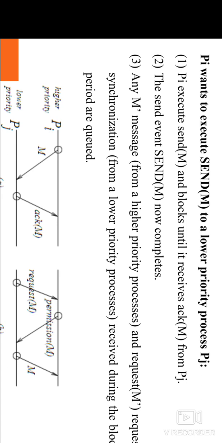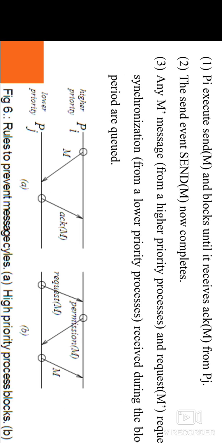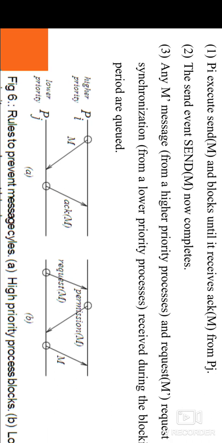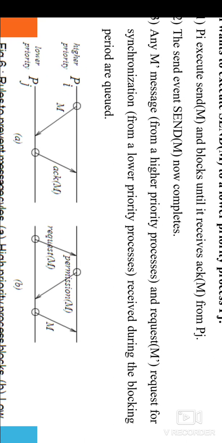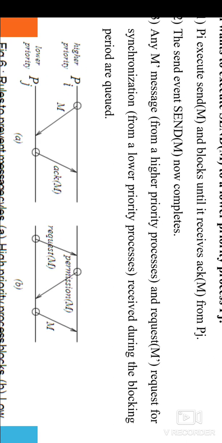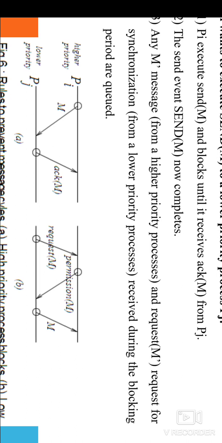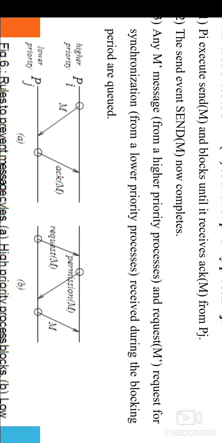Until it receives the acknowledgement message from the other process. Then the send event gets completed. In the meanwhile, if we receive any message from a higher priority process, or a request of M for synchronization, all these messages are queued.